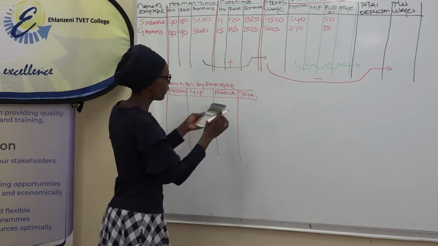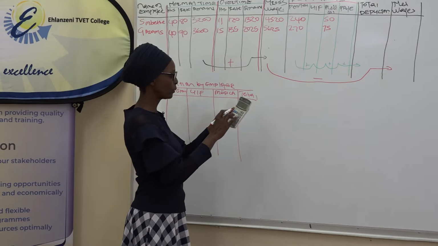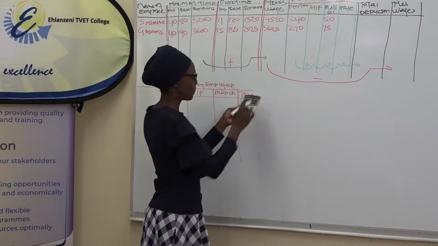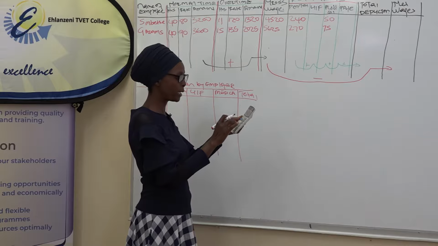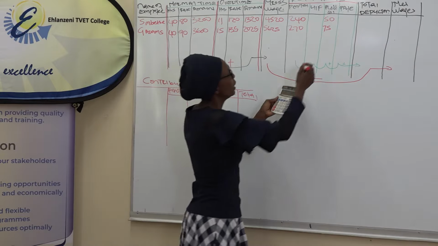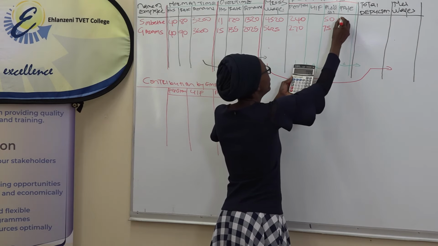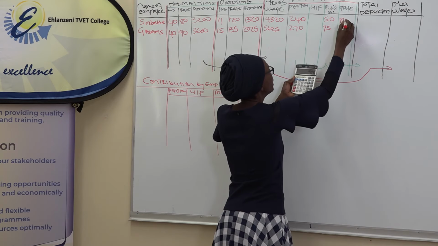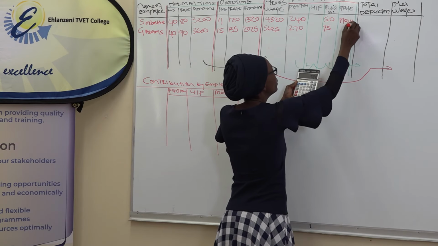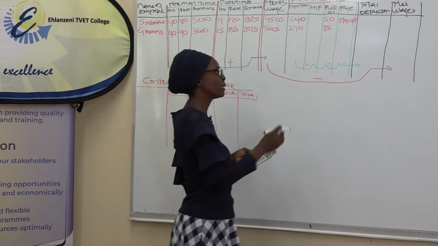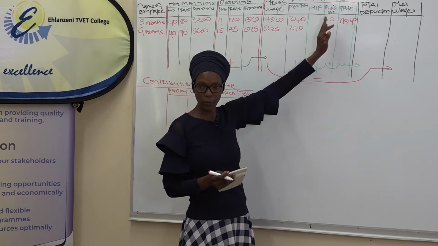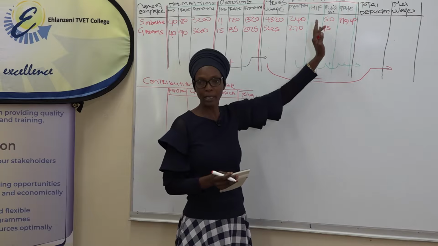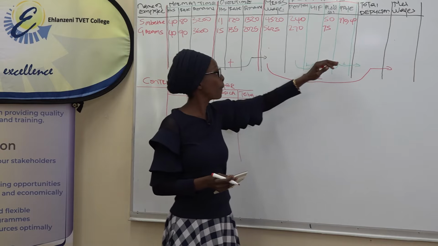The gross wage is 4,520 minus the pension of 240, then multiply by 18%. Then our pay as you earn is 770.40. If they didn't indicate that you have to round the cents off, you have to write the cents. You must have two numbers after a comma.